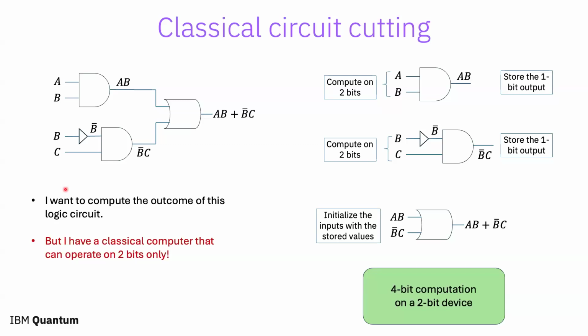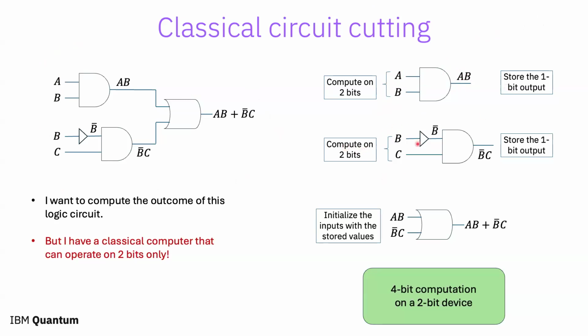Now, let's suppose that I have given you a classical computer which has only 2 bits. Can you still do this computation? The answer is yes, you can. So what will you do? You will first take this part of the circuit. A and B, 2-bit inputs, you get output AB. This is a single bit, so we'll store the output somewhere.